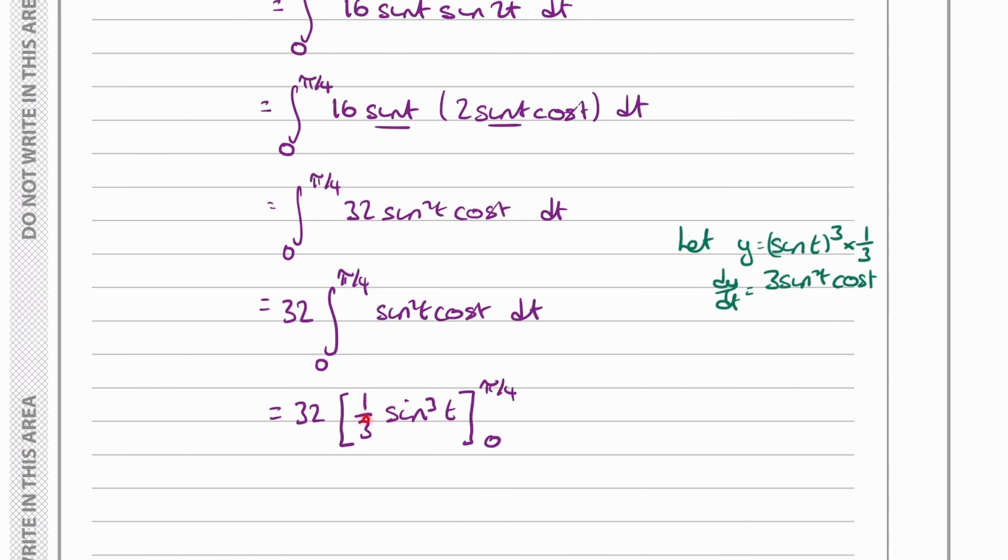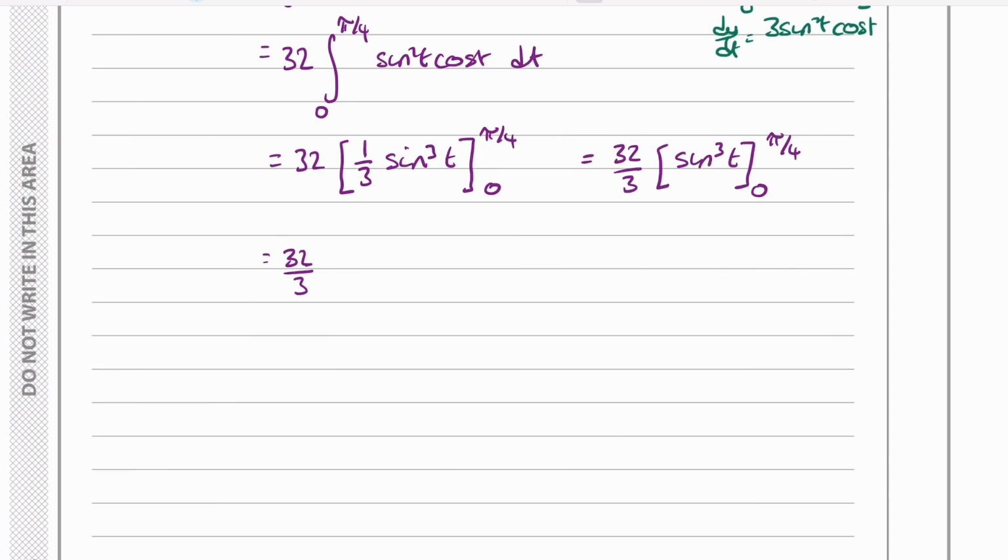I'll bring this 1/3 in front, and now we need to substitute in our limits. So we get 32 over 3 times the sine cubed of pi over 4 minus the sine cubed of 0. And because we want the exact solution, I'm going to work out the sine of pi over 4 without a calculator.